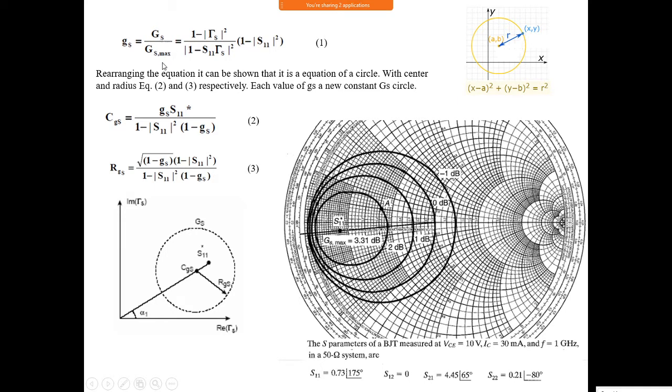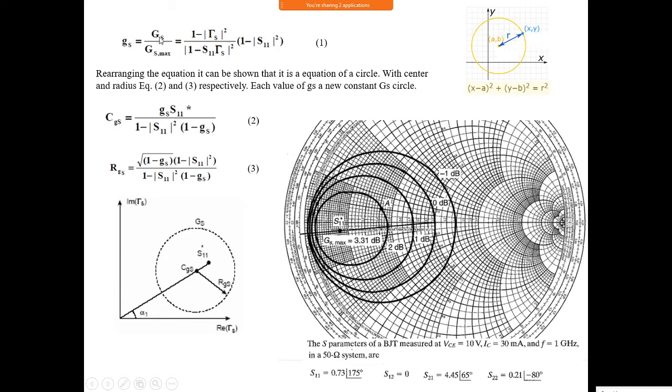We can calculate the maximum gain we can get from the active device, and that is a maximum. But what we actually want may be lesser than that value GS. So we take the ratio of those two, which is the normalized gain GS.